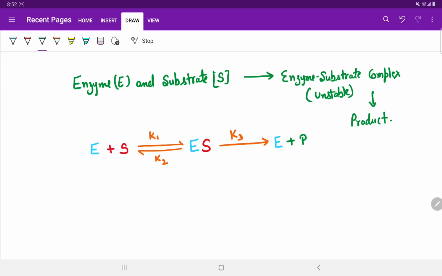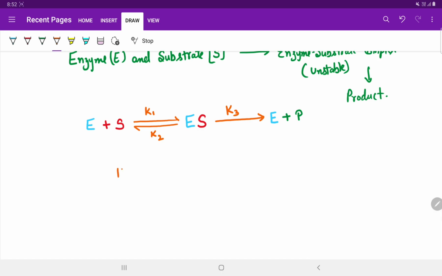Now here are the three constants K1, K2 and K3. These constant values represent the velocity constants of the respective reactions.